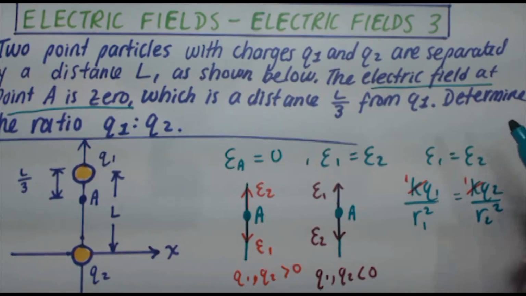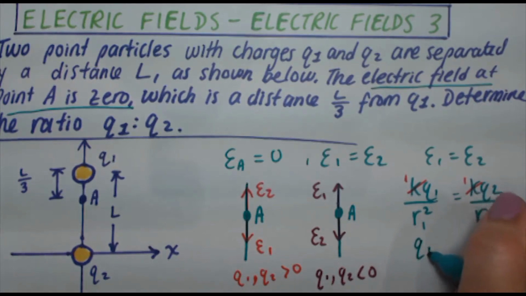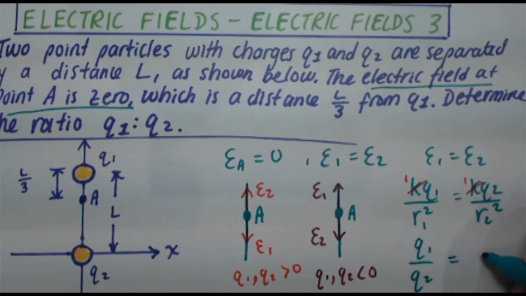Now, we're looking for the ratio Q1 to Q2, so I'm going to divide both sides by Q2 and multiply both sides by R1 squared. Bring the Q2 down, bring the R1 squared up. So you'll get Q1 over Q2, there's your ratio, equals R1 over R2, squared. All I did there is take the square outside of the bracket.